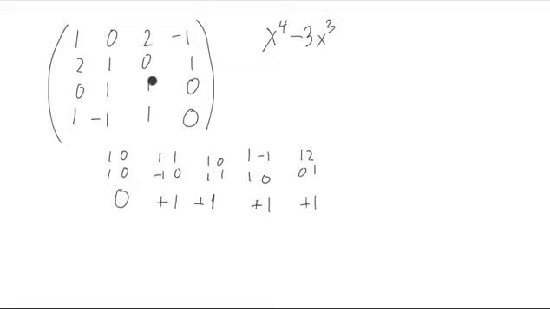And next, the only one we haven't done yet is these two right here, which just gets us the top one, which is 1, 0, 2, 1. Which would just be a plus 1. So adding all those up, we end up getting 5. And thinking of our sign convention, we're going to keep the sign. So plus 5x squared.